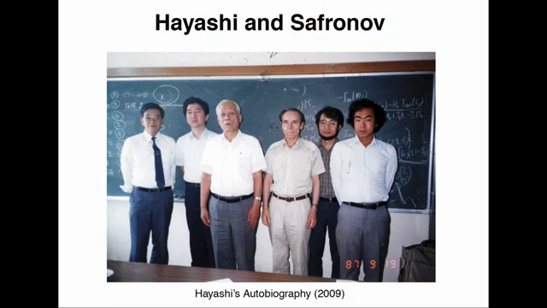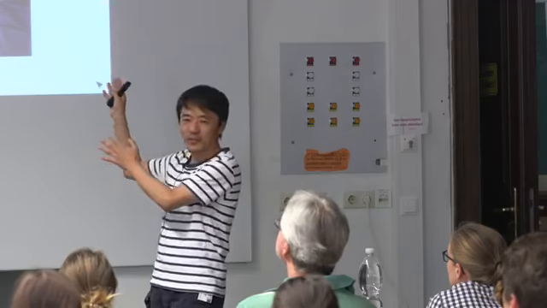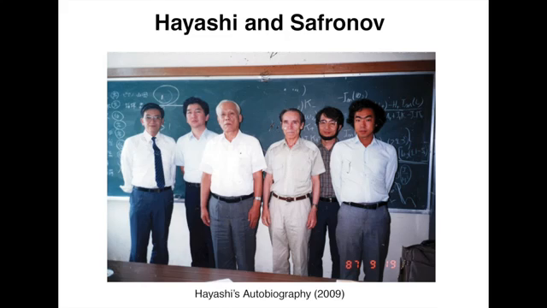This is Hayashi, and this is Safronov from the Soviet Union. When I first saw this picture, I was surprised and also moved: these two giants stand next to each other. You don't have to remember it, but it's a good picture.